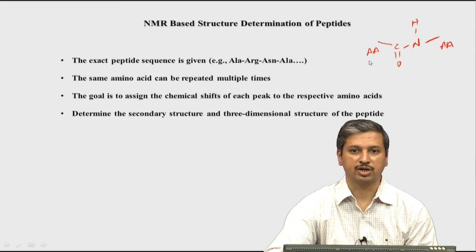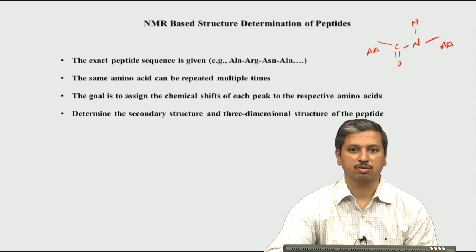For example, your alanine, which we saw in the example in the last class, has alpha proton, beta proton, alpha carbon, beta carbon. So, I have 4 carbon and proton signals, and of course, you have the carbonyl and amine, which we will not consider right now.